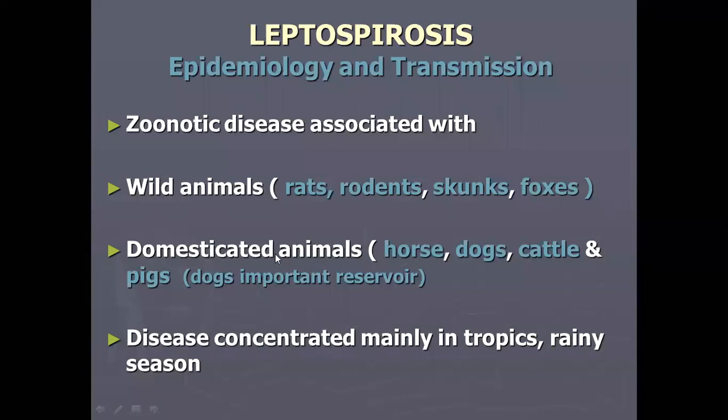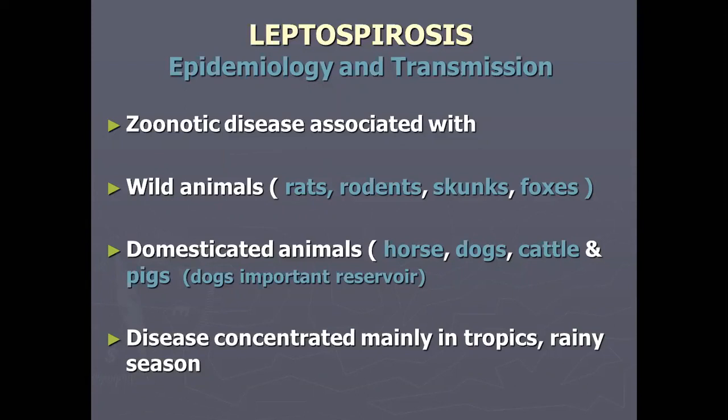Horses, dogs, cattle, and pigs are important reservoirs, particularly in Western society, where they keep dogs and puppies inside the living premises. There are big chances that they may have infection and contaminate the environment. So both wild and domesticated animals are sources of this infection.